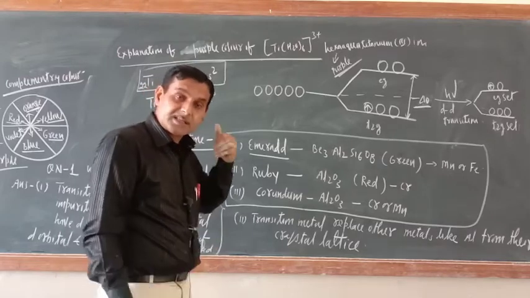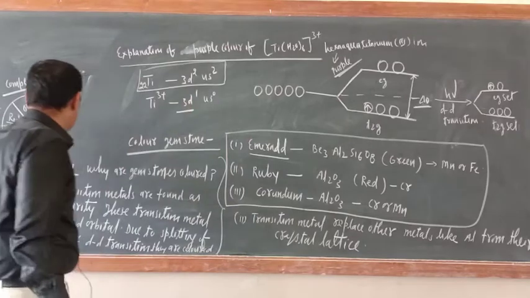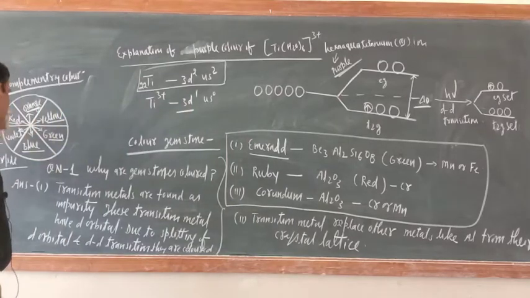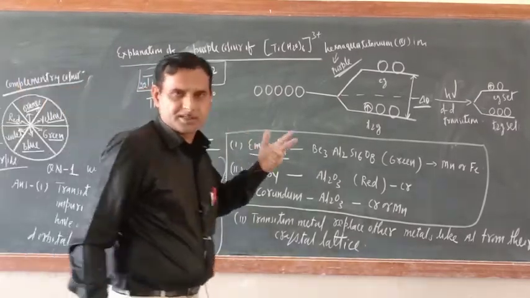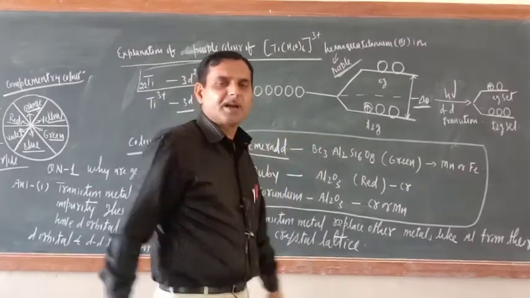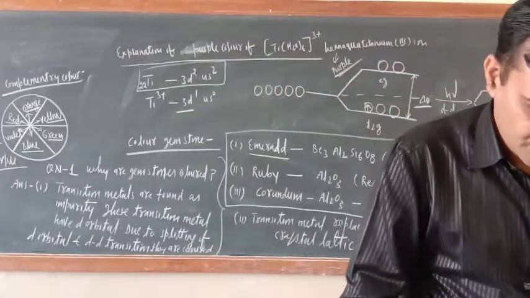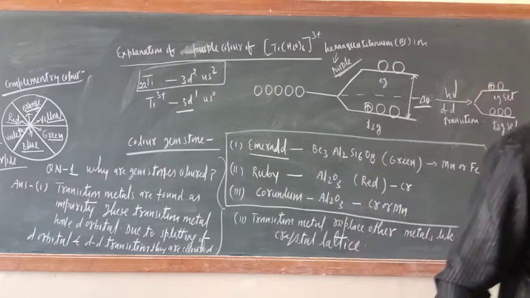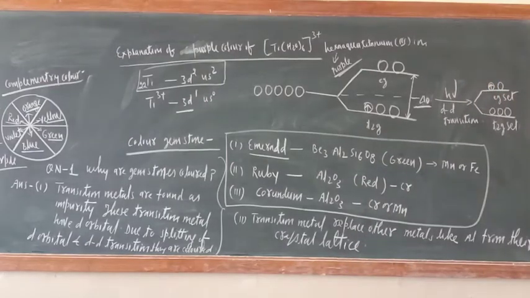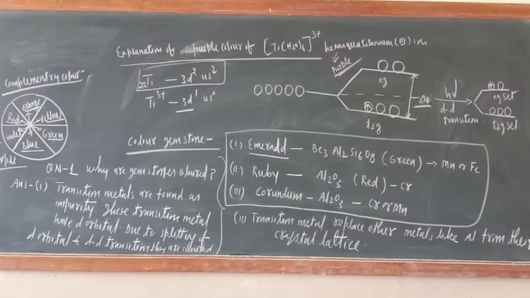So its absorbed radiation is yellow and green and transmitted radiation is red and violet. The mixture of red and violet is purple. In this way the application part of that theory is also over.